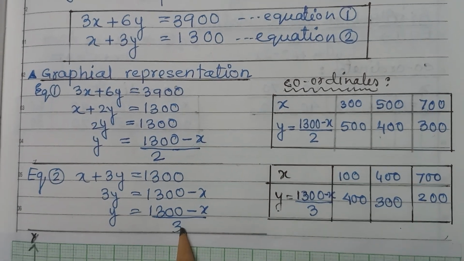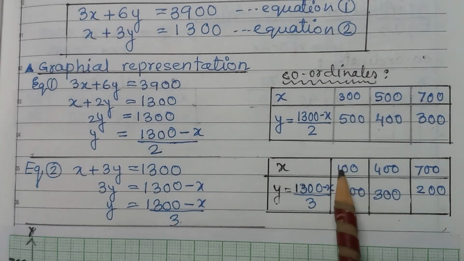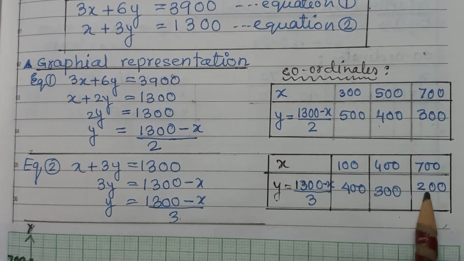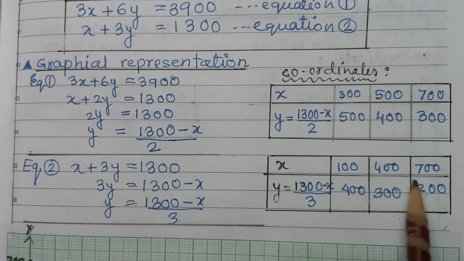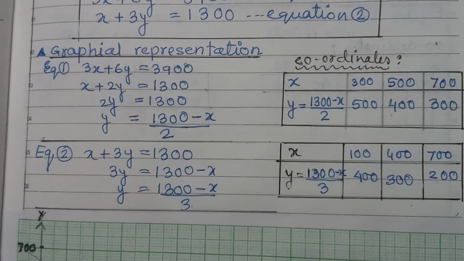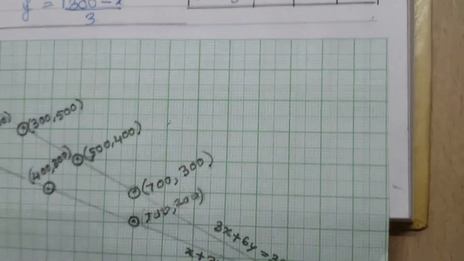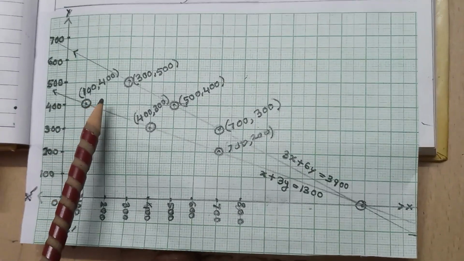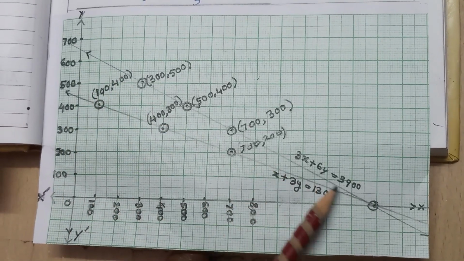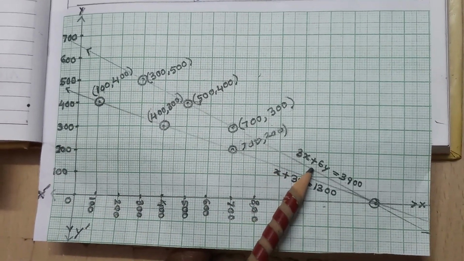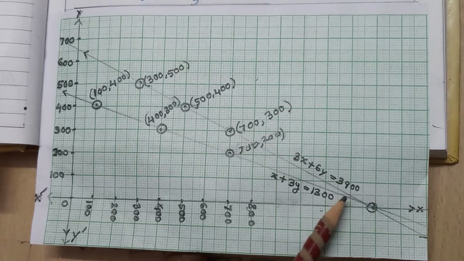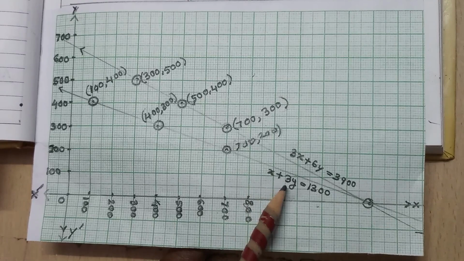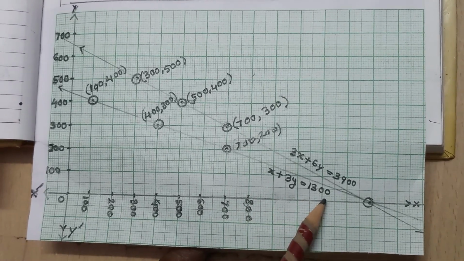Similarly, for the second equation you also have to take big numbers: 100, 400 and 700 you have taken. These coordinates you have got, and we have to plot them in a graph. The graph I have given here is the equation of the first line, 3x plus 6y is equal to 3900, and this line is the equation x plus 3y is equal to 1300.